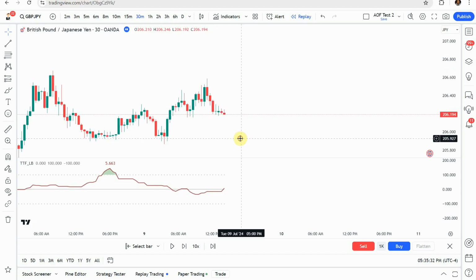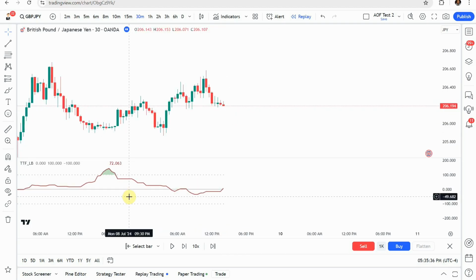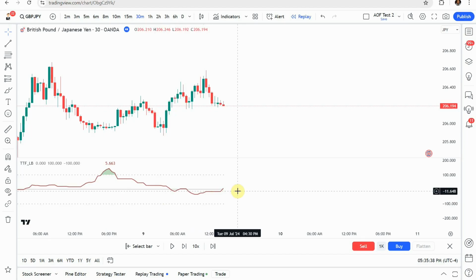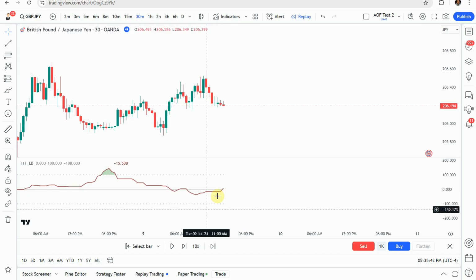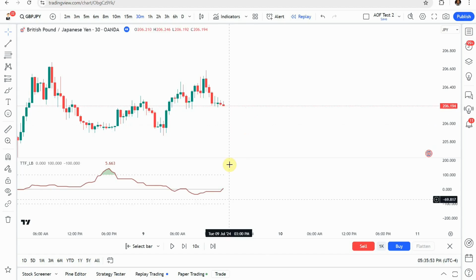The creator of the indicator explained a few different ways you could use this, but specifically mentioned that anytime the trend trigger factor line is above the 0 mark, basically this solid line right in the middle, the market is in an uptrend, and anytime it is below it, the market is in a downtrend. So what you should do is look for the break of that 0 line to the upside or to the downside.